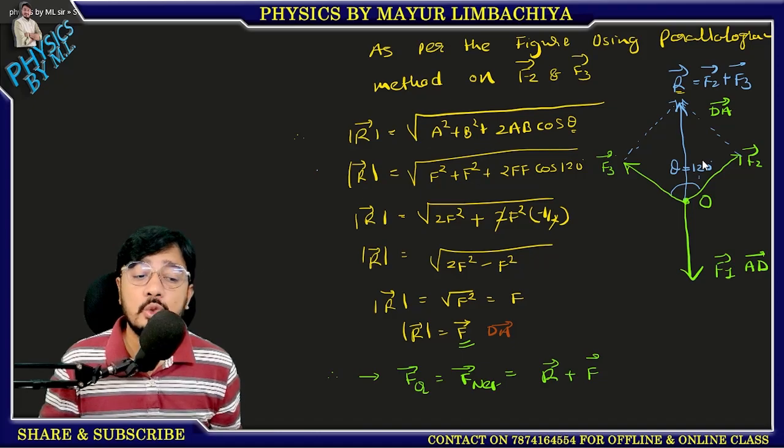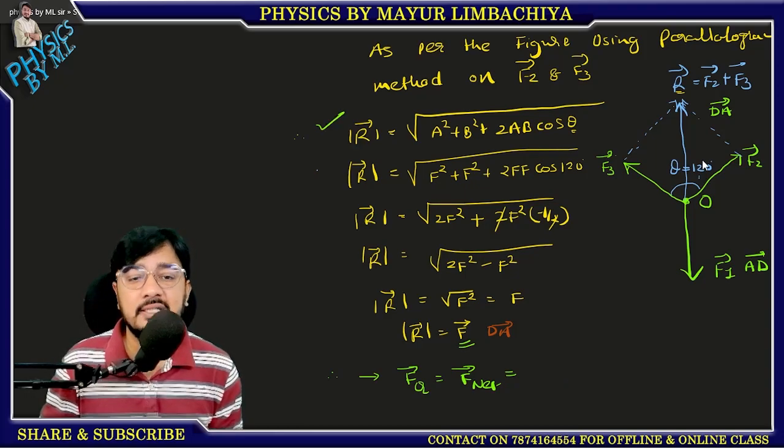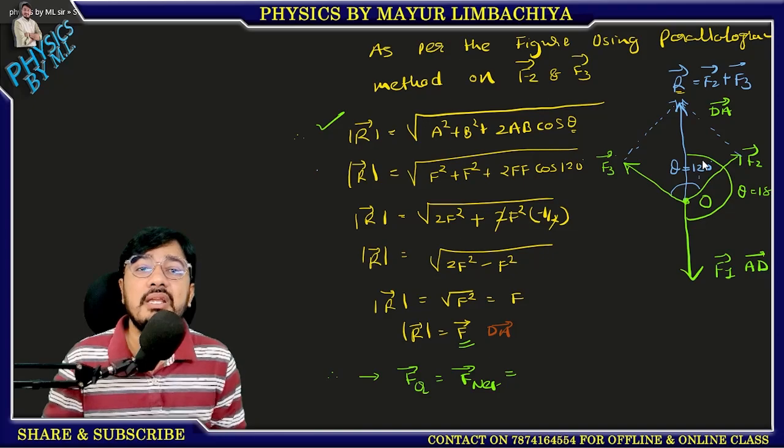How can I do the summation of R and f1? With the help of the same method, but here in this case the angle will be 180.